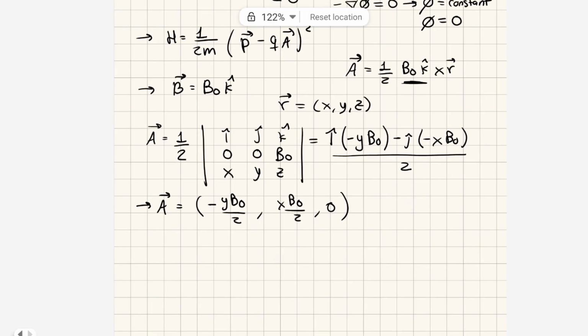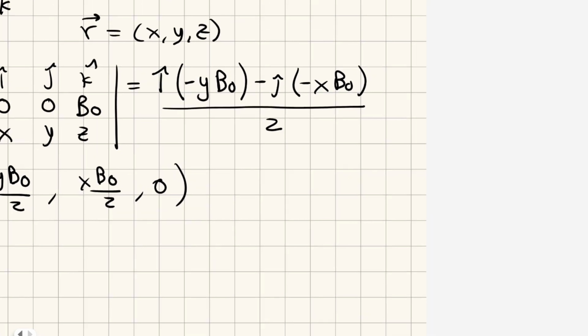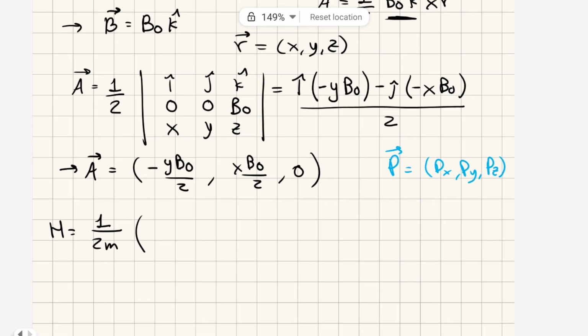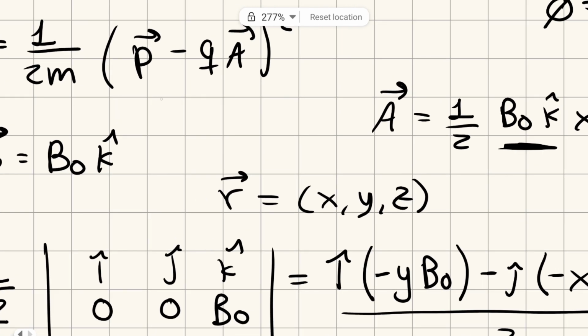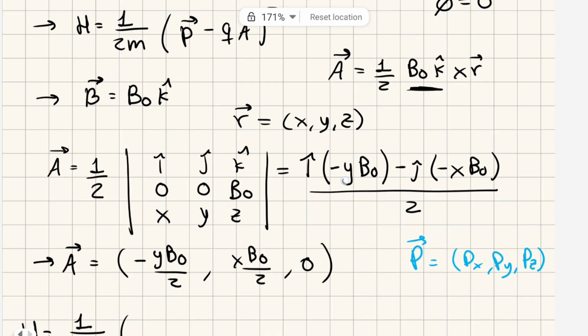So this leads us to the Hamiltonian being 1 divided by 2m and then p, but p we can define as px, py, pz. If we make the subtraction, what are we going to get? Right now we need to subtract these quantities, so we still need to multiply the vector potential by q.